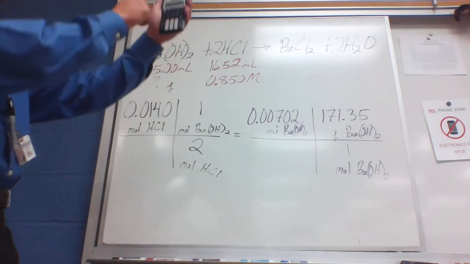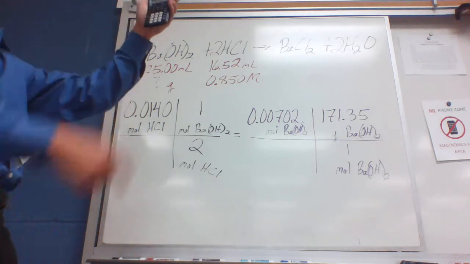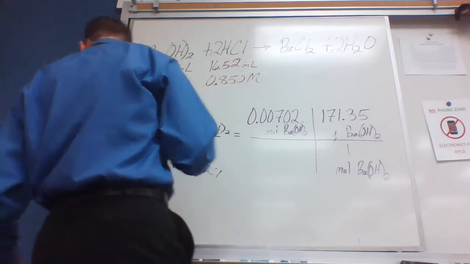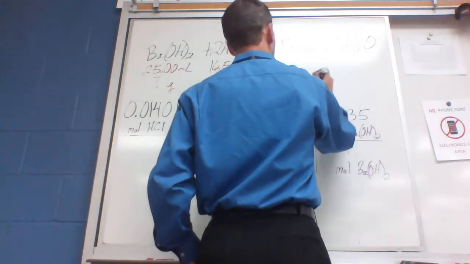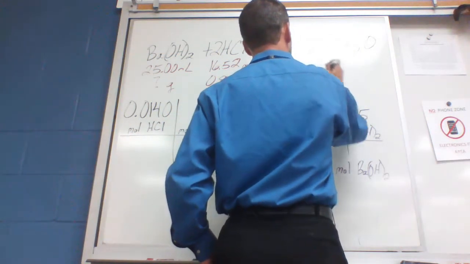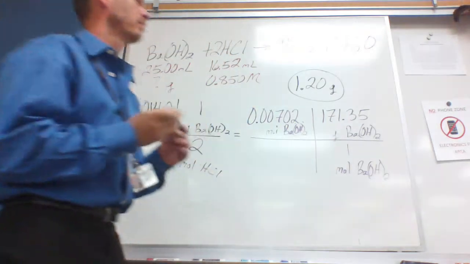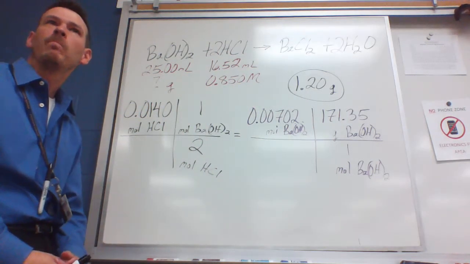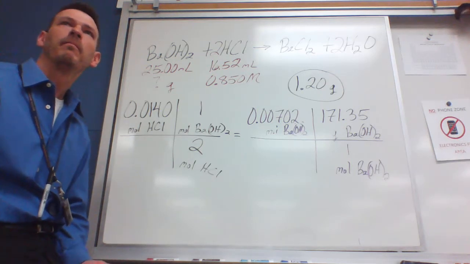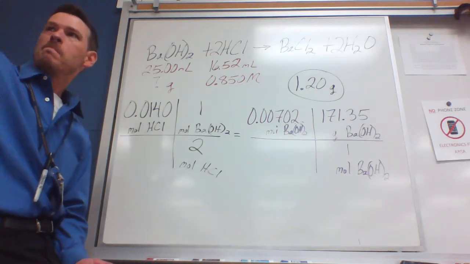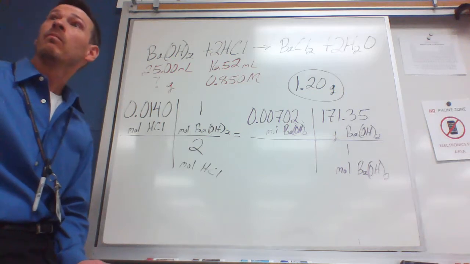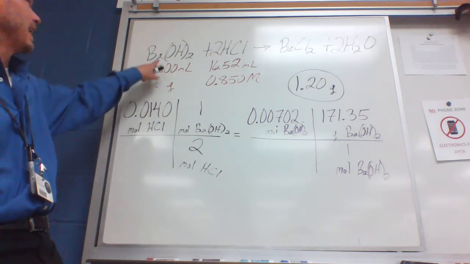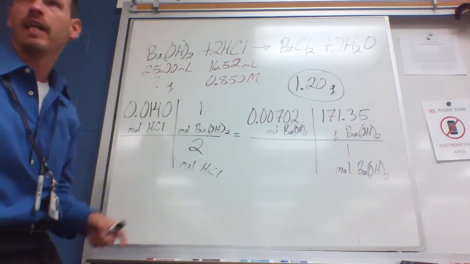Go hit second, then the 0, and then hit yes, and it'll undo all funkiness. We okay? Okay, so what does this mean? That's the amount of grams that was in the original barium hydroxide when the titration began.